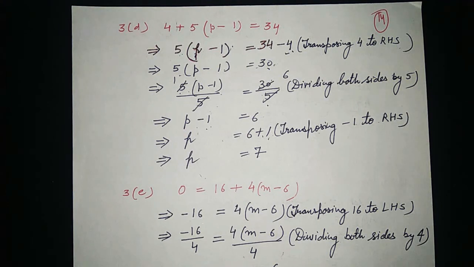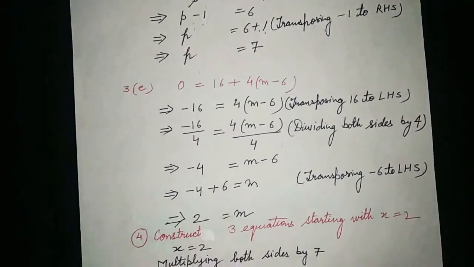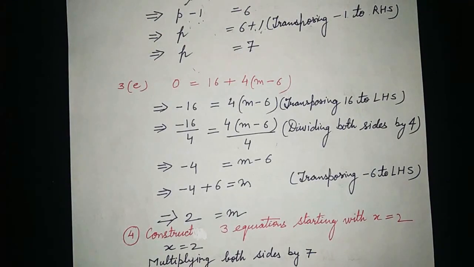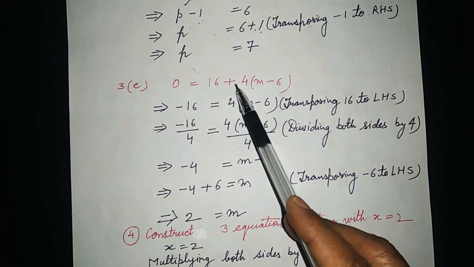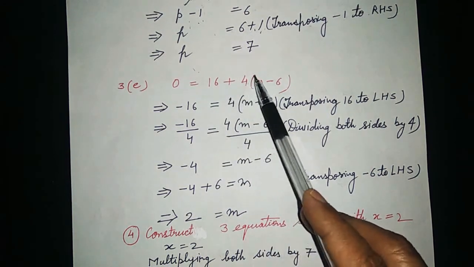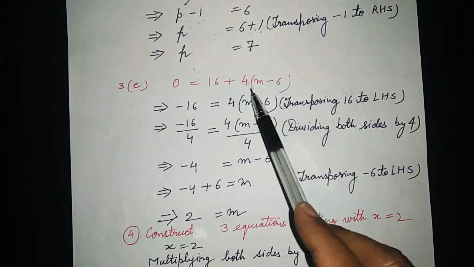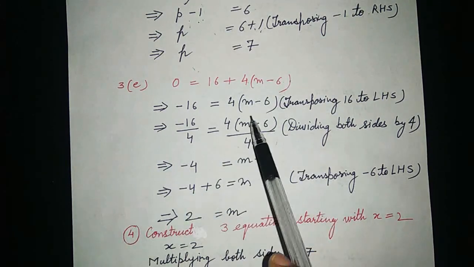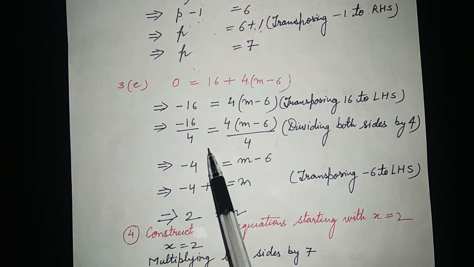Okay. Now you see part E of question number 3. Here in this part the equation is 0 is equal to 16 plus 4 into (m minus 6), you can see in the bracket. And in this question you can see the variable is on the right hand side.